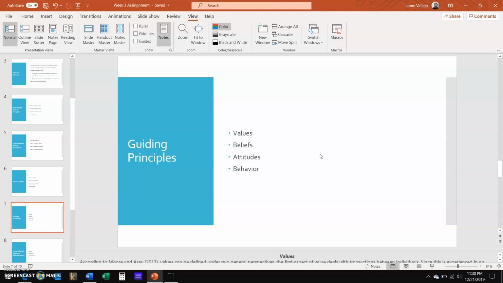Finally, behavior. In order to have an attitude about any given situation, an individual must have a value system. This value system feeds into the attitude, which results in the final piece, namely behavior. Behavior is the action taken because of the inputs provided by values and attitudes.